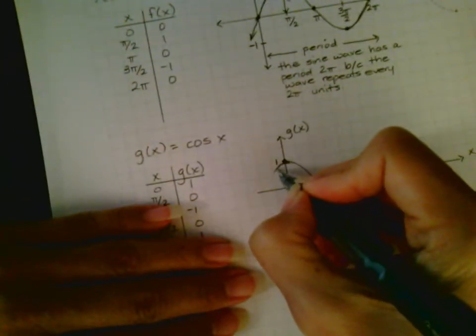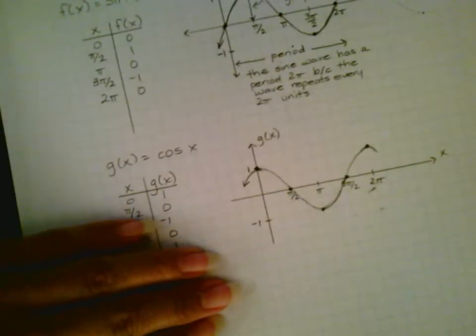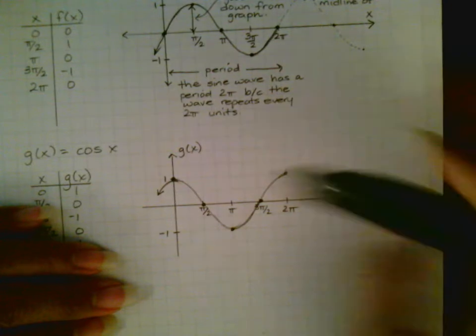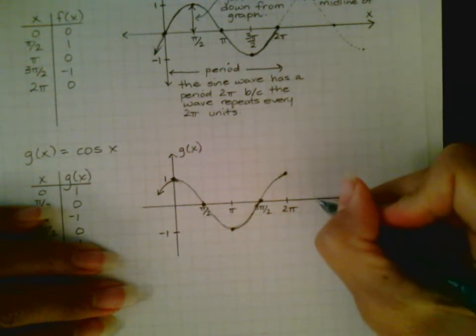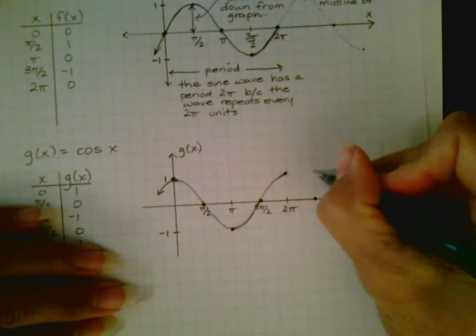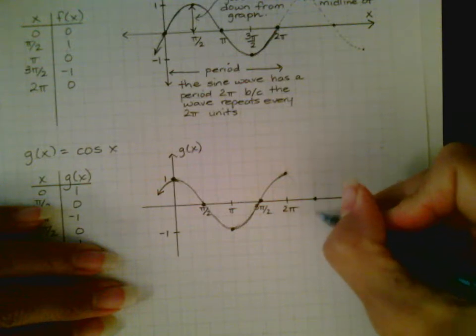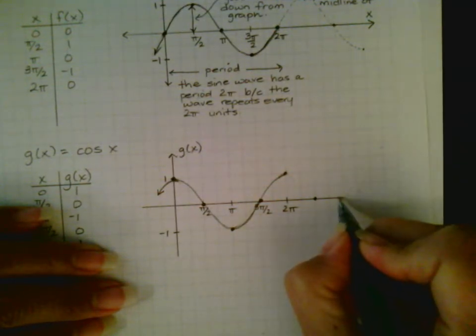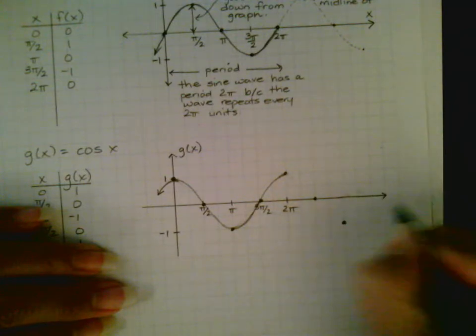Okay, so this, just like sine, notice I'm going to put an arrow saying that it goes on forever. And you can repeat, let me extend this a little bit more. I know there's going to be another point here. It's kind of going up, across 2, down 2, then down 2, and across 2. And you keep doing that. It will go on forever.